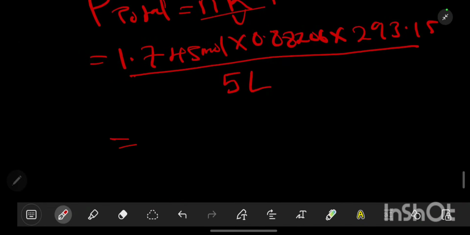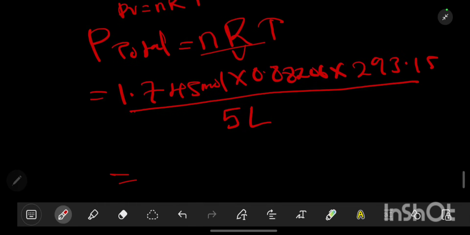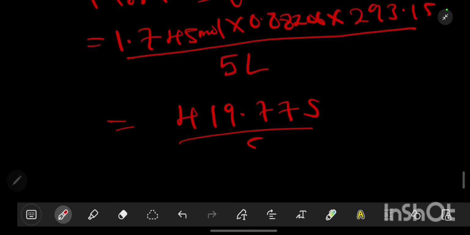Then we are going to get 1.745 times 0.08206 times 293.15, which is going to give us 41.9775. We divide this over our 5.